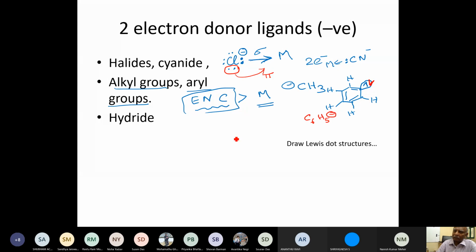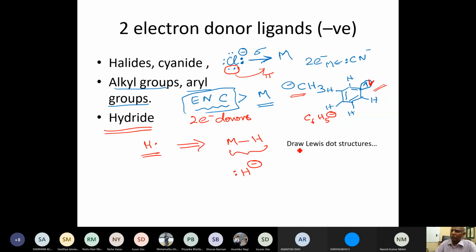So we consider all of them as having 2 electrons, and they are all 2-electron donors. A hydride, for the same reason, is H dot, but when it is attached to an M, we call it a metal hydride, by which we mean H is H minus. 2 electrons are there.